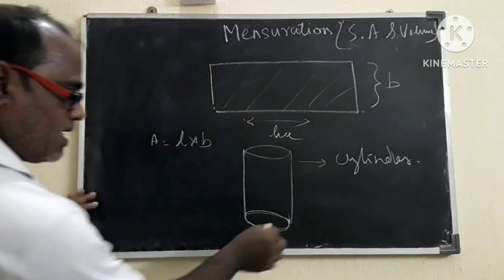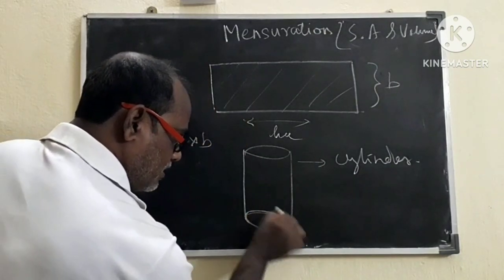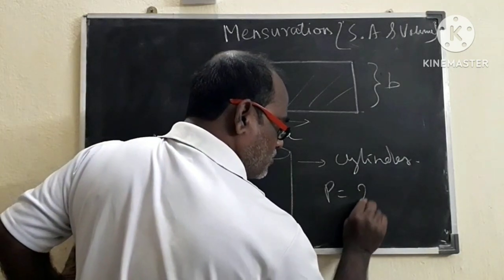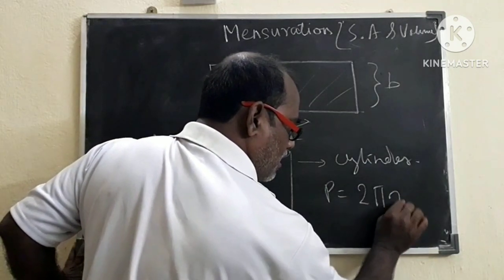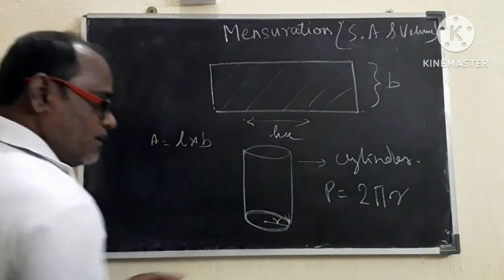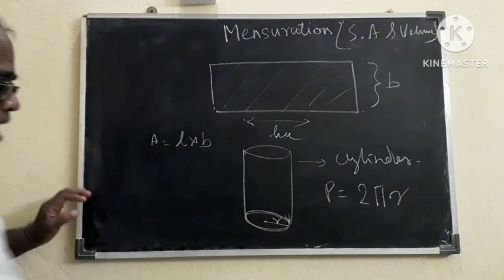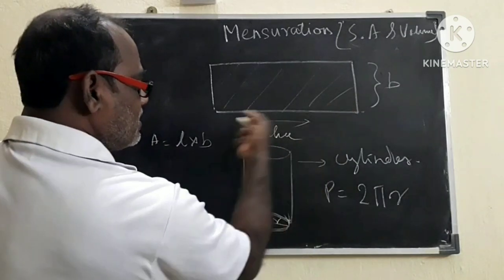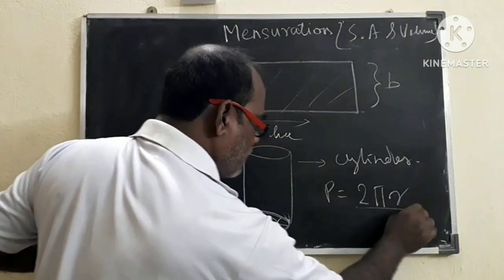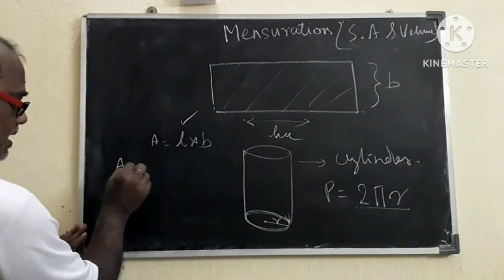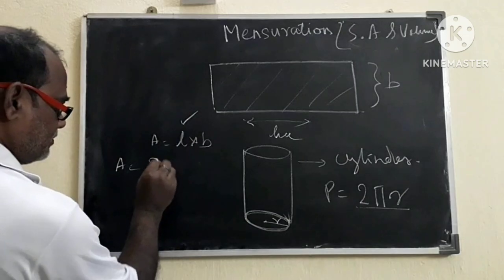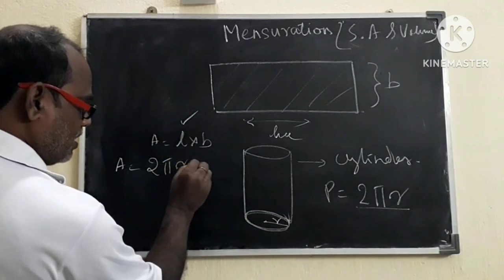And we know that this is the perimeter of the circle. We also know that perimeter of the circle is equal to 2 pi r, where r is the radius of the circle. Clear? And also we have learned that this is the length. So instead of this length, we can write 2 pi r. So let us write A is equal to, instead of length, we will write 2 pi r into.